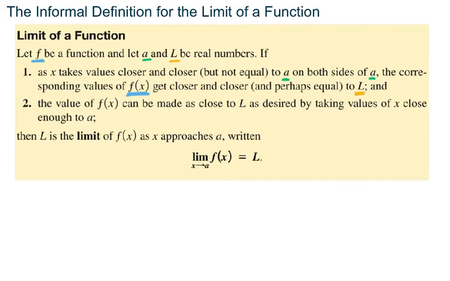And we have part 2 here. The value of the function f of x can be made as close to that limit L as possible, or as desired, by taking the values of x that are close enough to a. So then here we have our formal, or informal in a sense, limit definition.